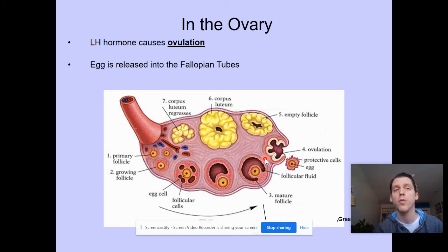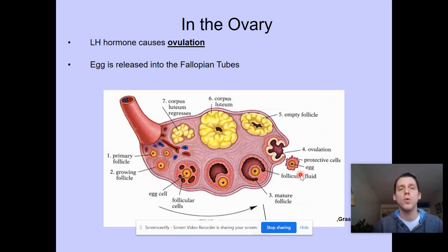Now, you should remember from before that ovulation is caused by the hormone LH. Once we've released LH, remember LH comes from the brain and it tells the ovary for ovulation to happen. The egg is released. So where does the egg go at this point? After it's released from the ovary, the next step is the fallopian tubes.